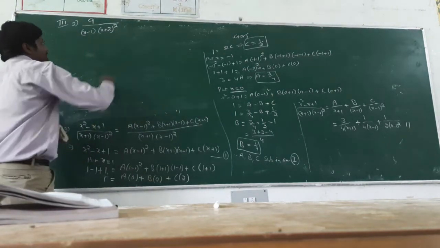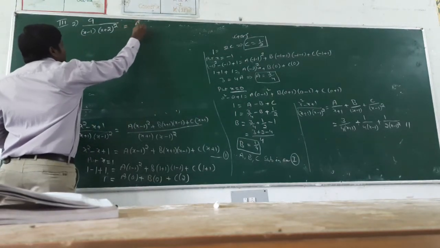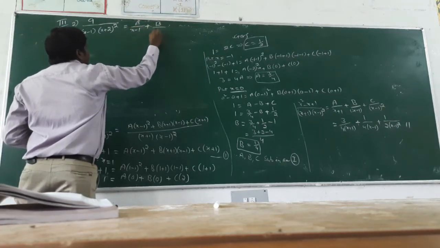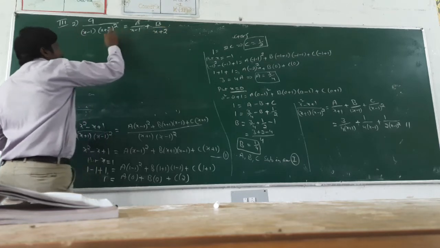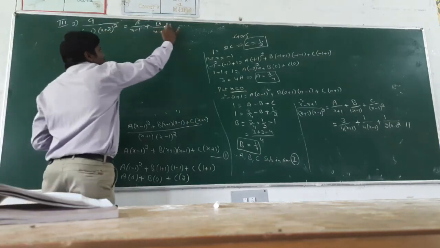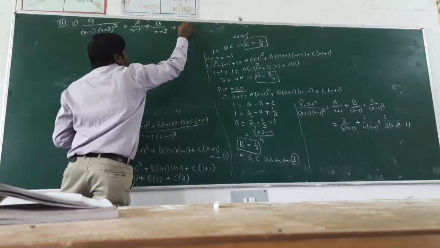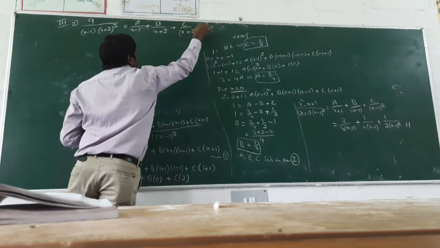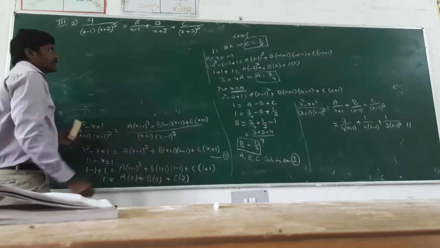Okay, we take a by x minus 1 plus b by x plus 2. X plus 2 is a repeated linear factor. Its power is 2. That's why we take b by x plus 2 plus c by x plus 2 whole square.